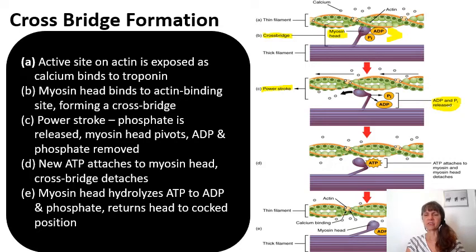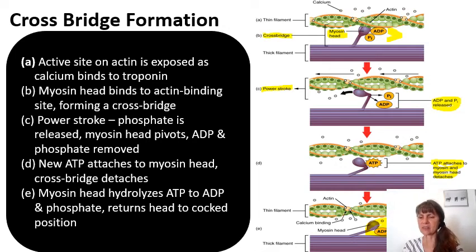After the power stroke occurs, we need a molecule of fresh adenosine triphosphate to attach to the myosin head, causing the myosin head to detach from the myosin binding site on actin. With that fresh adenosine triphosphate, knowing that the myosin head has enzymes that will split it apart, we see that the myosin head is now energized because the bond has been broken, breaking adenosine triphosphate into adenosine diphosphate and inorganic phosphate.